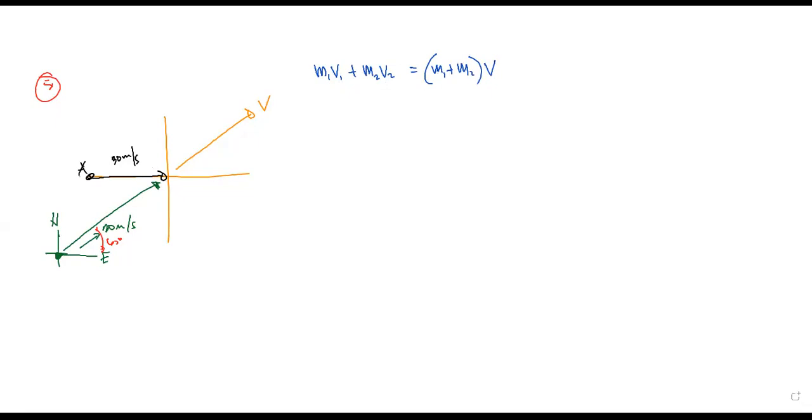So for situations like this one, wherein the two objects collide but have different directions, we first apply conservation of momentum.